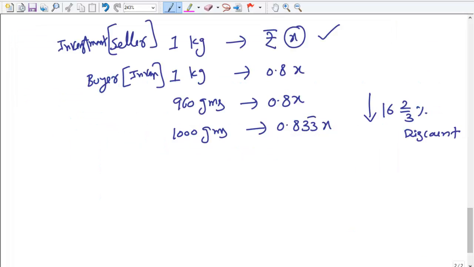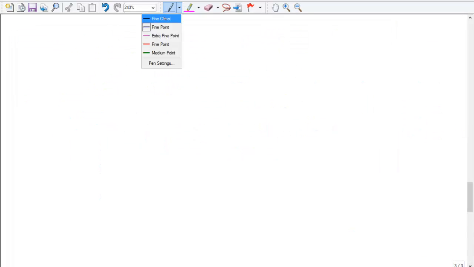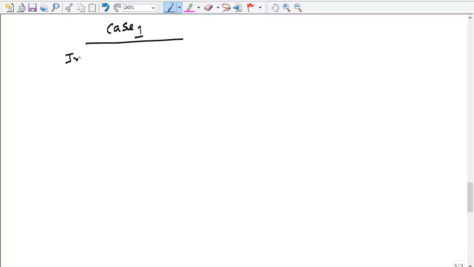Let's consider there are 2 cases here. Well, as case number 1, now the investment for 1 kg, that is 1000 grams, is rupees X. That is the investment. However, the return is quite simple.